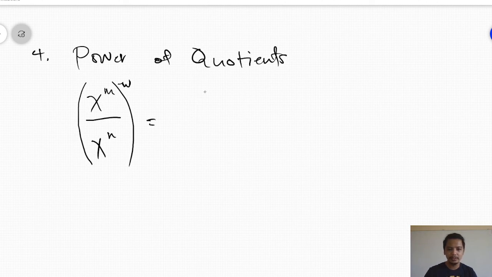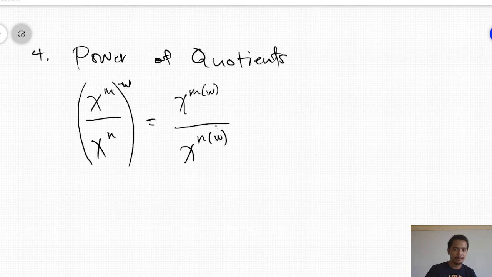In general rule, parang yung ginawa lang natin kanina, dinistribute natin yung binigay nating power dito. So, i-distribute lang din natin yan dyan sa mga yan. So, magkakaroon tayo ng x raised to m times w over x raised to n times w.